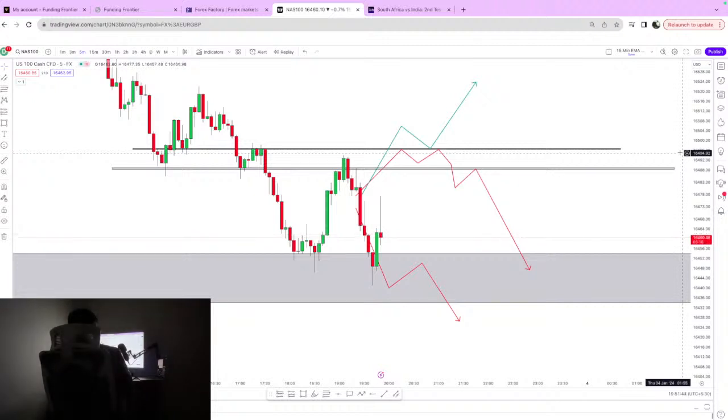So are you looking at the manipulation? See, I told you that this is a manipulated kind of level.